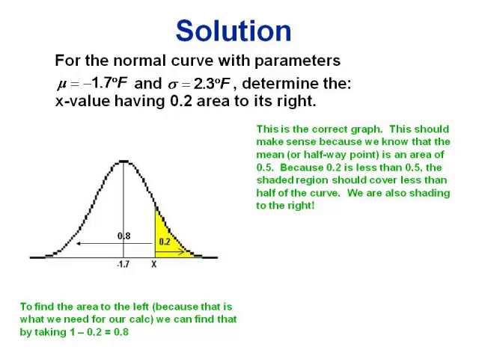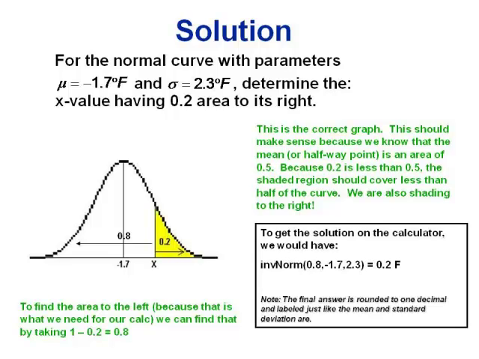So 20% to the right, that means I've got 80% to the left. So I'm going to put it in as inverse norm 0.8, type in the mean and the standard deviation, and this time we get a cutoff of 0.2. And with all of these, you can check 0.2, does that look like it's in the right place to make sense? Well, my mean is a negative number, 0.2 is to the right of that, so that seems to make sense.